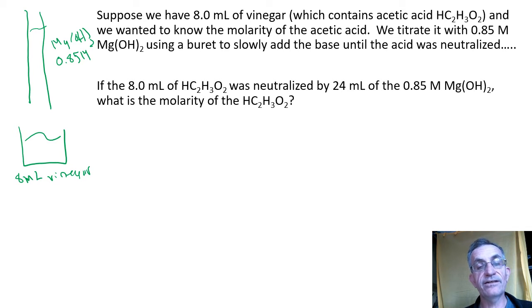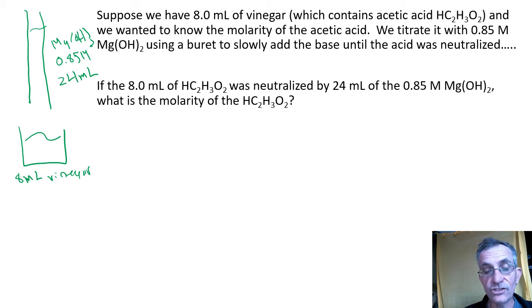If the 8 milliliters of acetic acid were neutralized by 24 milliliters of magnesium hydroxide, what's the molarity of the acetic acid? What's the concentration of that vinegar? All right, so it was neutralized by 24 milliliters of this stuff. So this is typically what we're going to have.